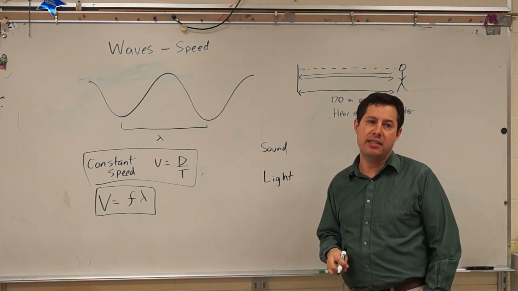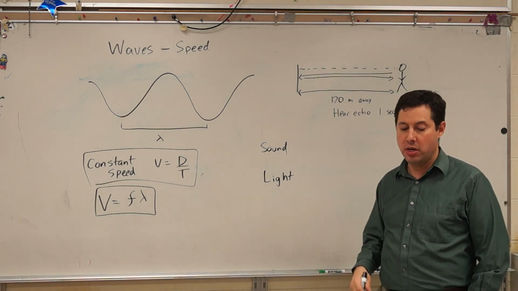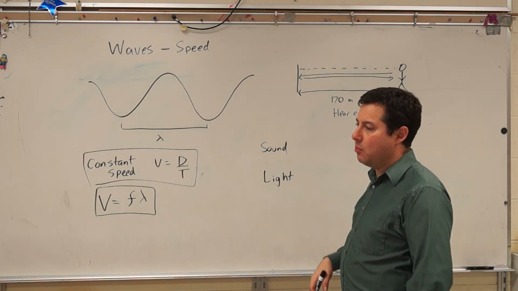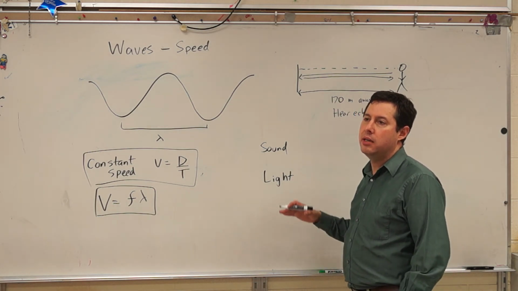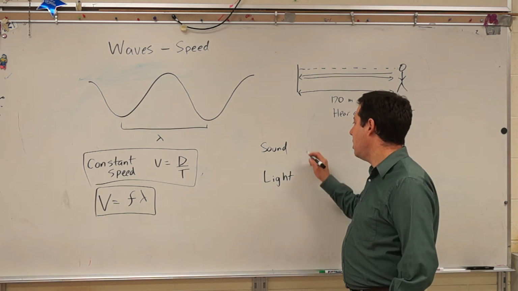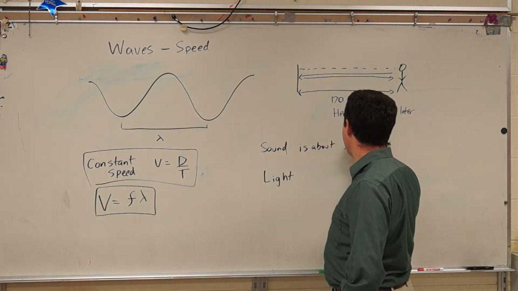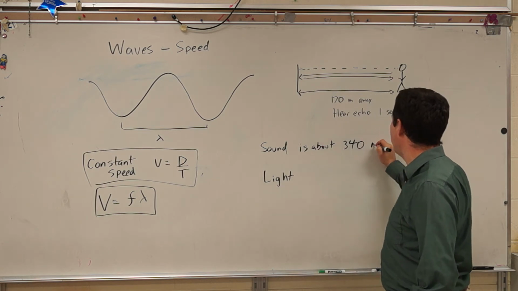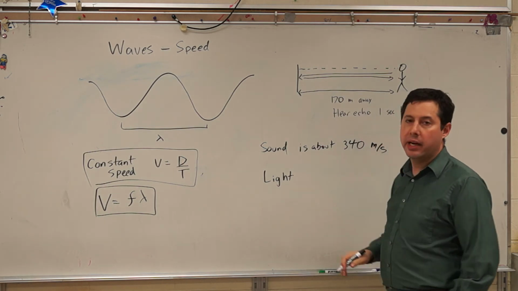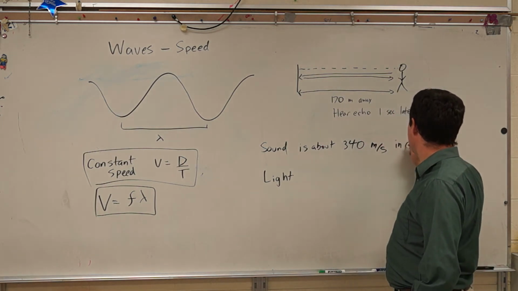It is given at STP, standard temperature and pressure, and it will change depending on, for example, the temperature or the pressure. But sound is about 340 or 343 meters per second in air.